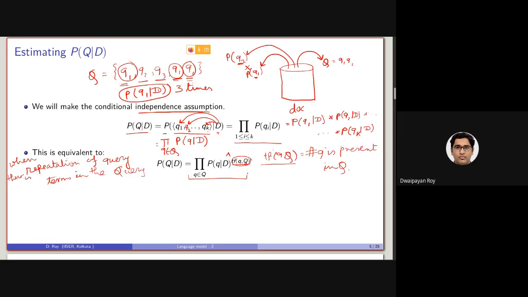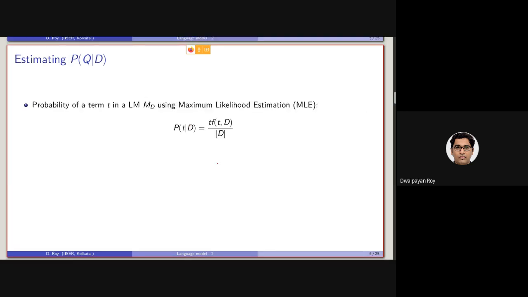Now, the thing that we need to estimate is the probability of Q given D. So given this document model, what is the likelihood that I will be seeing this query term in the document? In general, the generation probability of any term T from the document will be measured using the maximum likelihood estimate. Following the maximum likelihood estimate, think of an urn of terms.